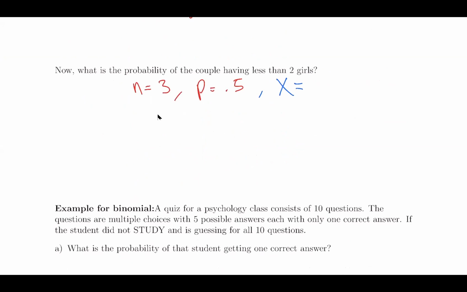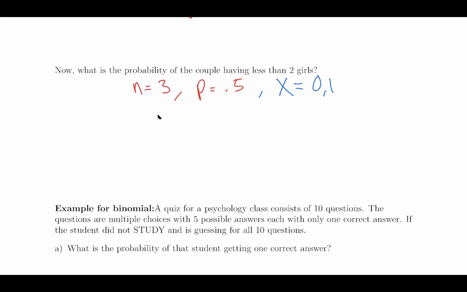All right, so let's do this next problem. We want to find the probability of a couple having less than 2 girls. So if we want them to have less than 2 girls, what does X have to be? 1. Cool. But we're missing 1. 0.